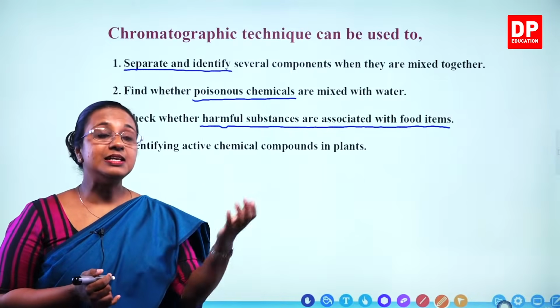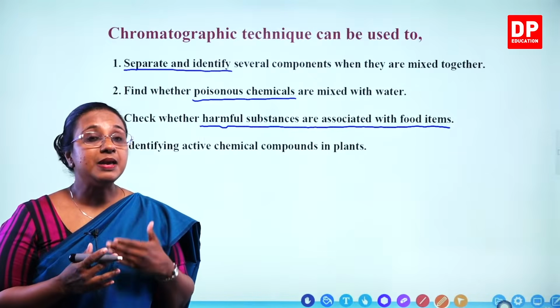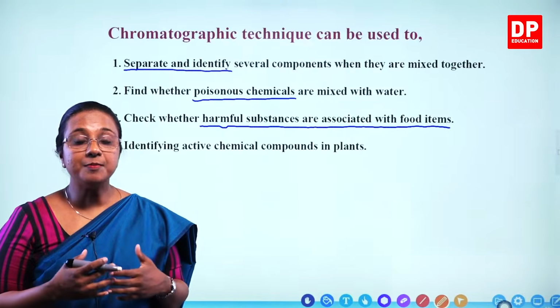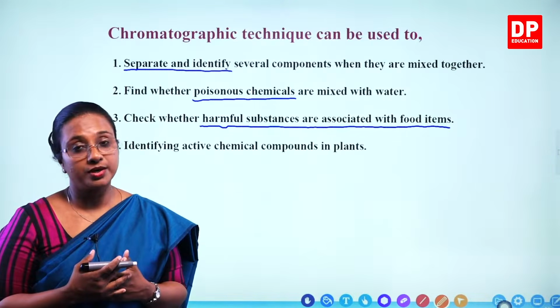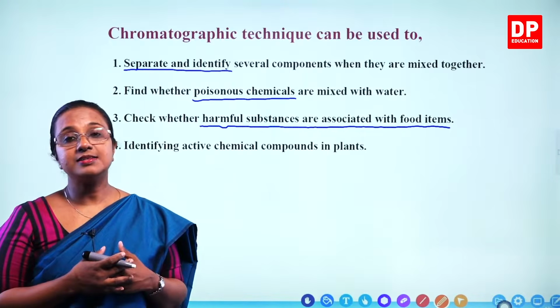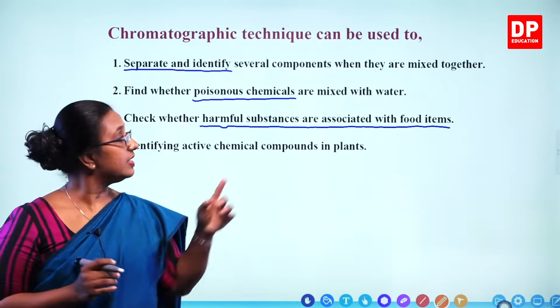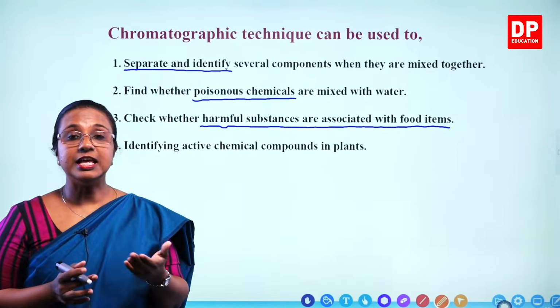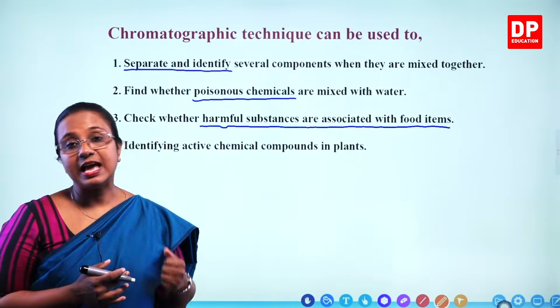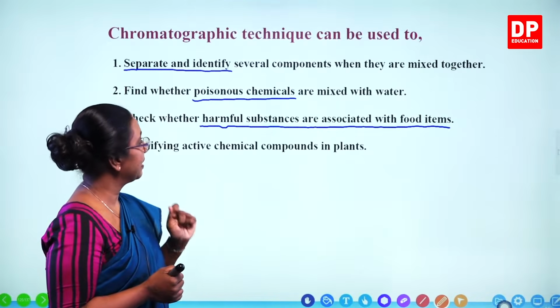You will learn later that there are many substances that can become pollutants to water, like heavy metals and many other organic substances. If these are present in water, then the water is not good for consumption, and we can identify those chemicals.